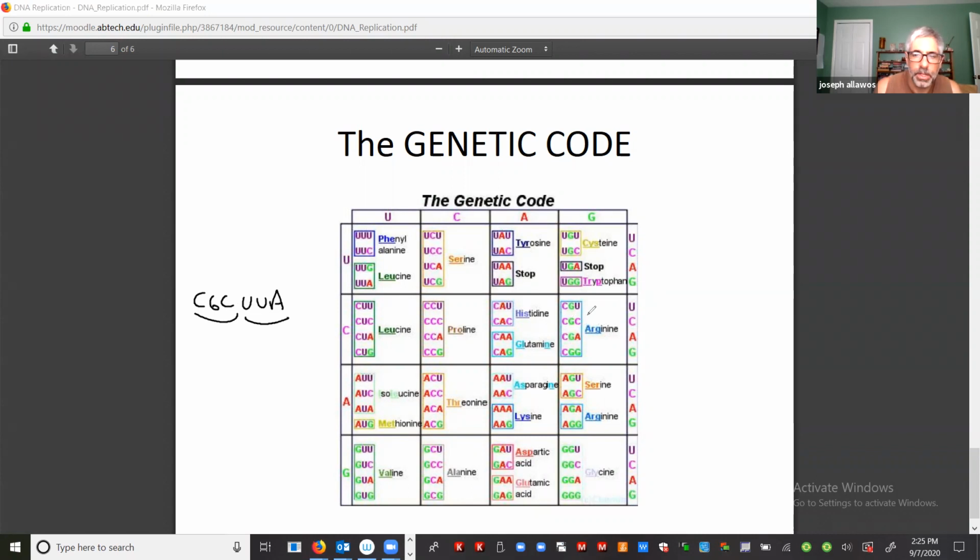CGC is right here, and that represents arginine, ARG. And then UUA, where's UUA? We've got a U and a U, and an A is leucine, LEU. Let's write those 2 down. Arginine and leucine are the next 2.